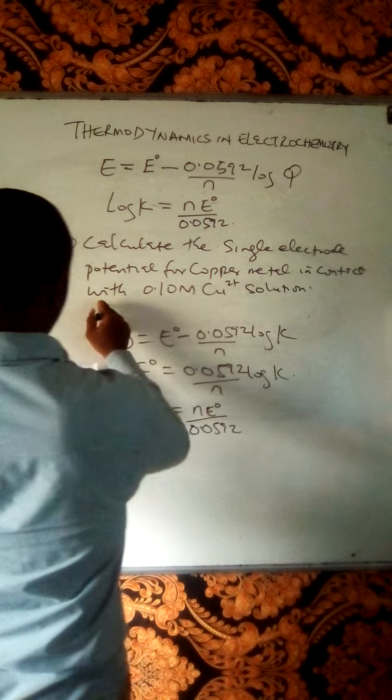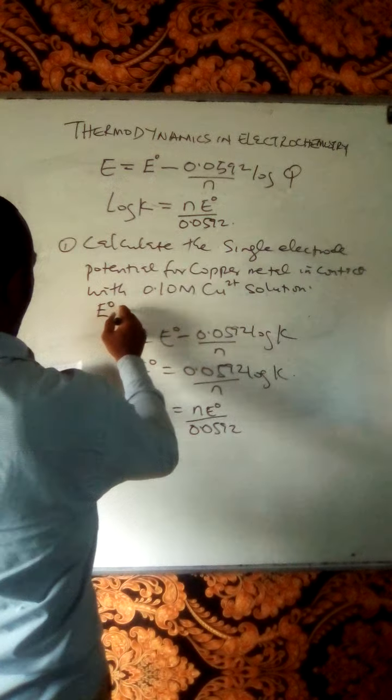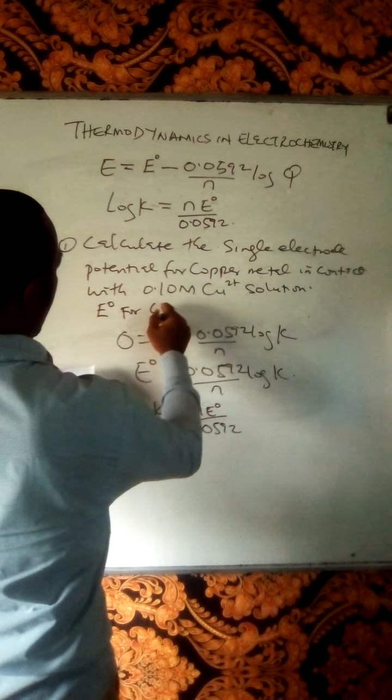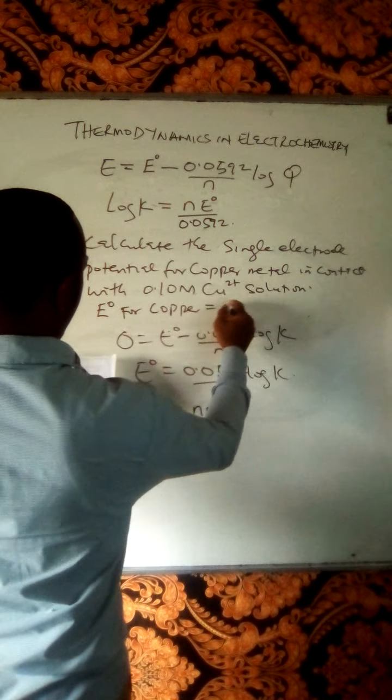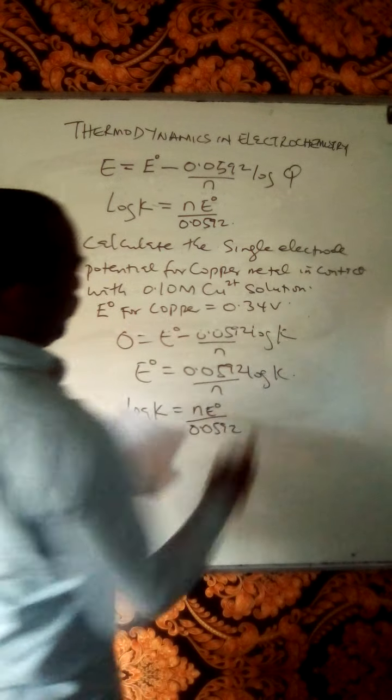And then we're given that the standard potential for copper is equal to 0.34 volts.